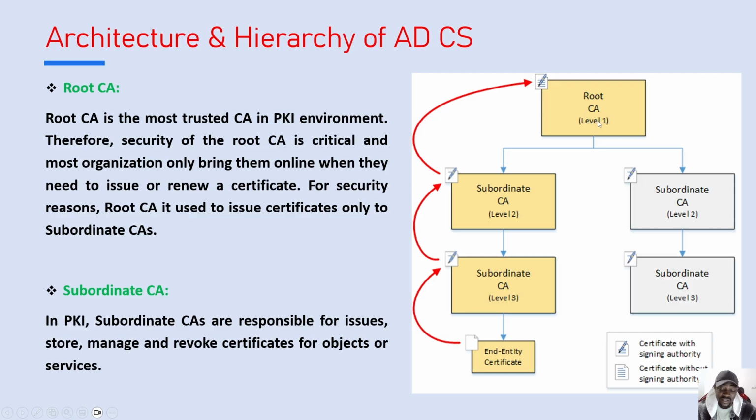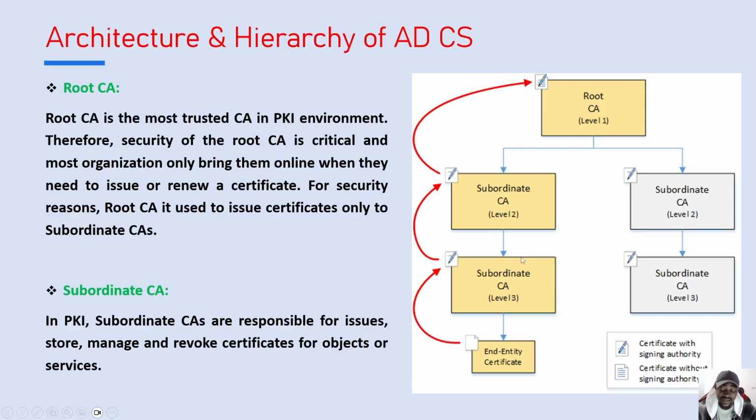If you have a root certificate and subordinates, you need to make sure the root is powered off most of the time, because for security reasons, if the root certificate of a company gets hacked, and a hacker gets access to it, it means he can provide faulty or malicious certificates, or even compromise your entire infrastructure, right?